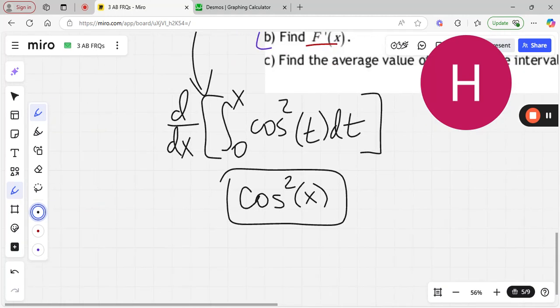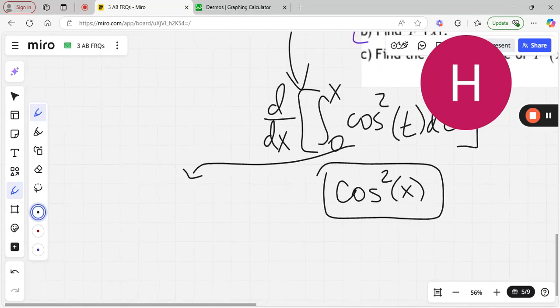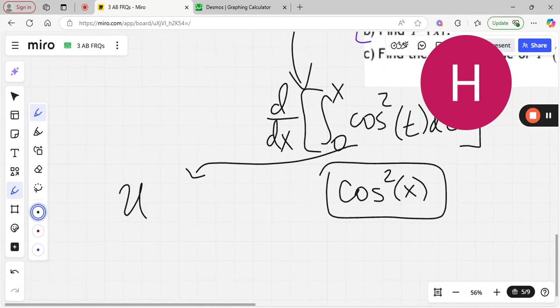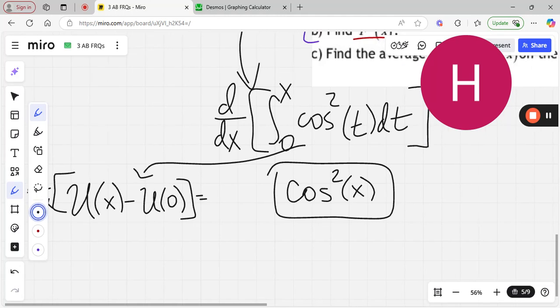The idea being that we're taking the derivative of the antiderivative. So if we didn't know what the antiderivative was, let's just call it u. We would say u of x minus u of 0, and we would be taking a derivative of that. And since this is an antiderivative, it would just turn back into cosine squared.